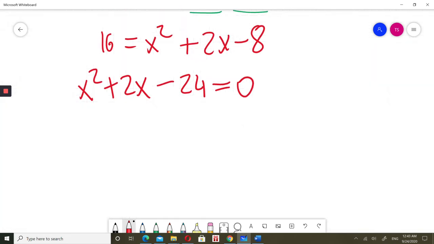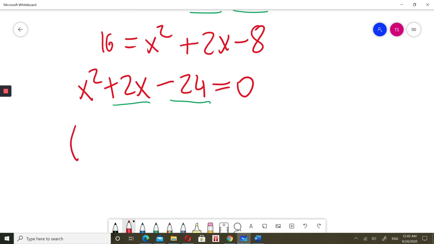Now, to factorize this quadratic, what times what is equal to negative 24, and what plus what is 2? Those numbers will be 6 and minus 4.